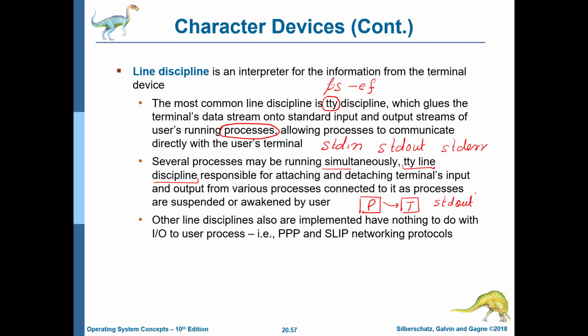So every process has three files which are opened by default. They are stdin, stdout, and stderr. So stdout will always be there in the file table of the process. By default, the handler for the terminal is registered as stdout.